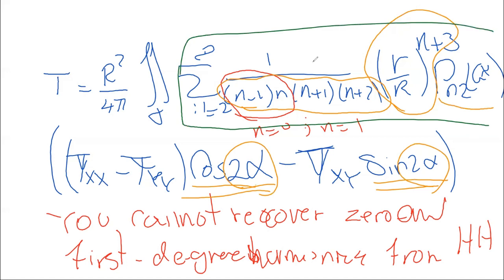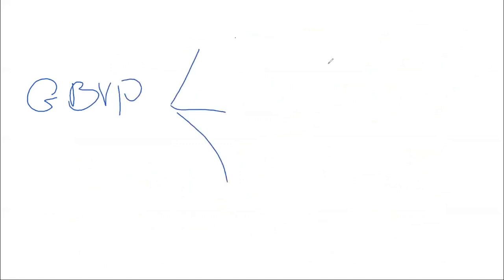So we have three solutions for the gradiometric boundary value problem. Let me summarize them. The gradiometric BVP has three solutions: the VV solution, the VH solution, vertical-horizontal, and the horizontal solution. All of them have a spectral and a spatial solution.